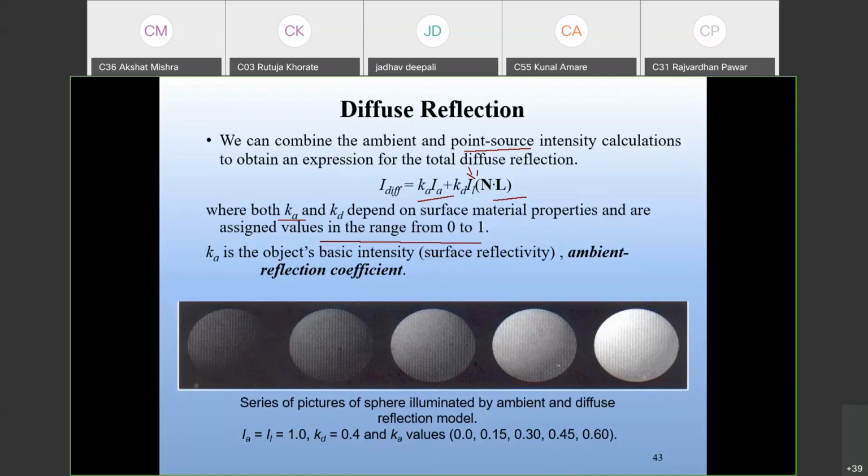Here is another example. Suppose Ia and Il, the intensity of the ambient light and the intensity of the point source, are both used in this scene.